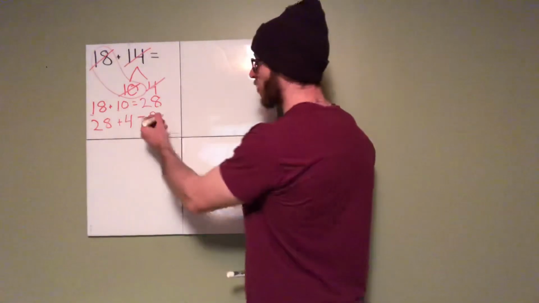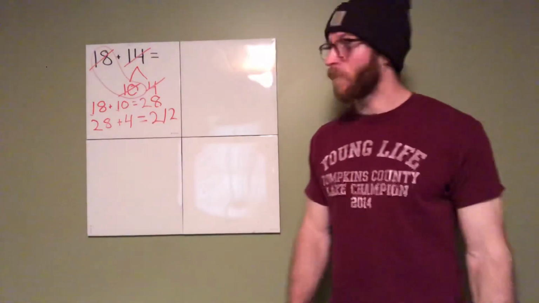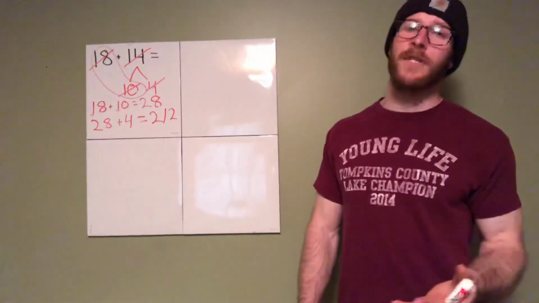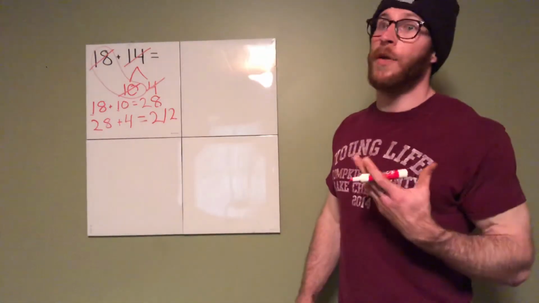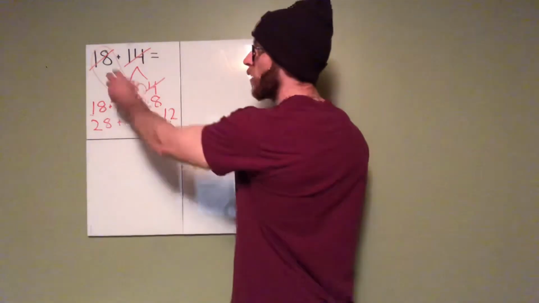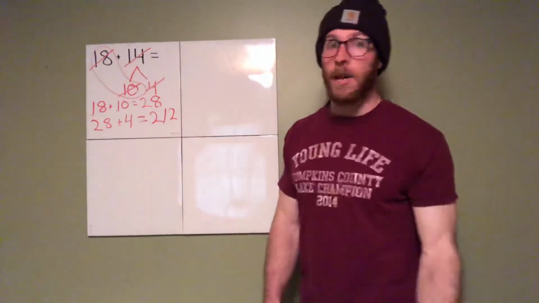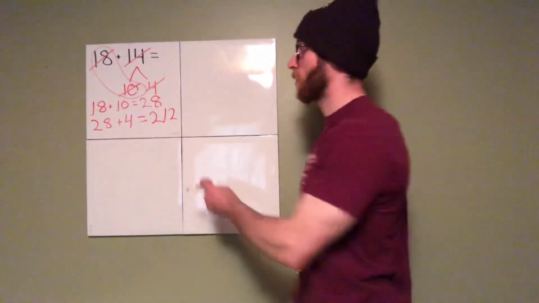Can I write a 12 right here though? Is our answer 212? That's way too big. We can't just add these two small numbers and get a number in the 200s. So I must have done something wrong. If I look at my ones place is 8 and 4, that adds up to more than 10. So I have to add another group of 10 on here somewhere.